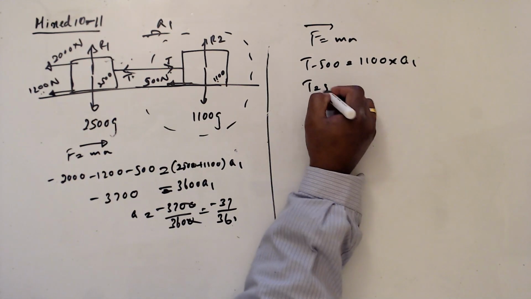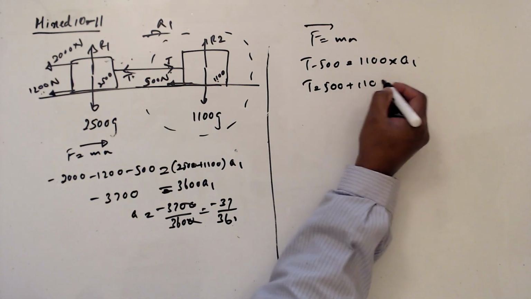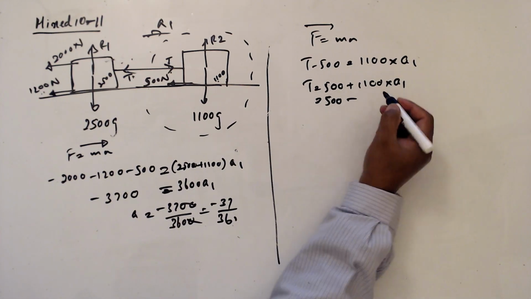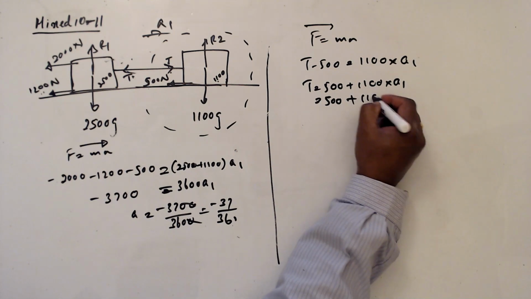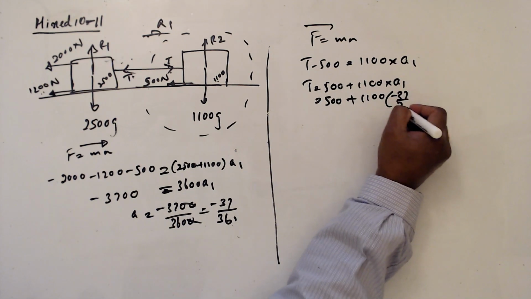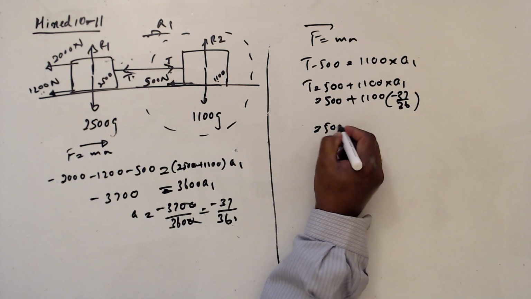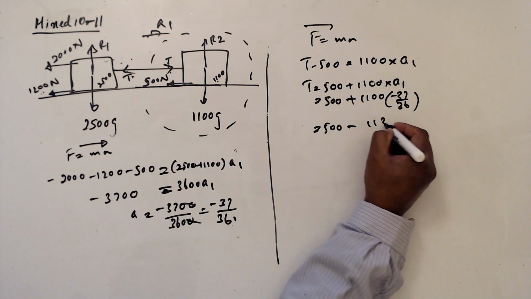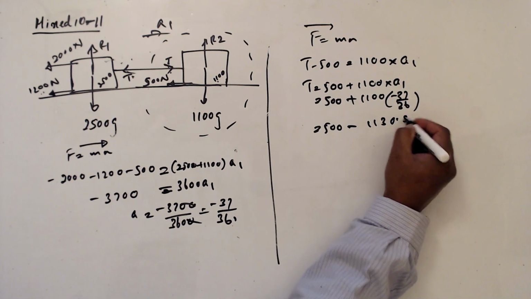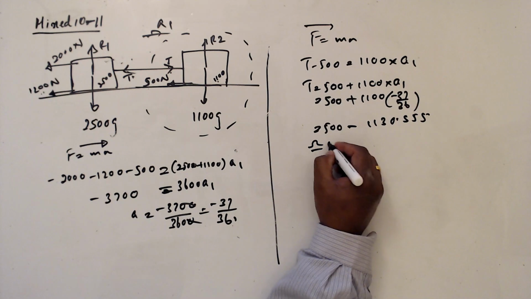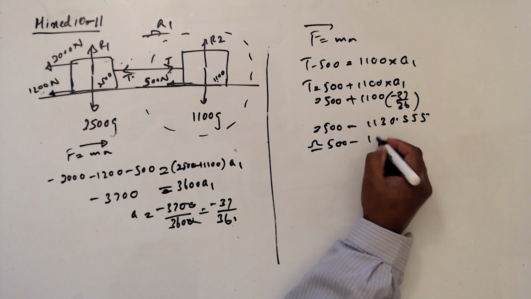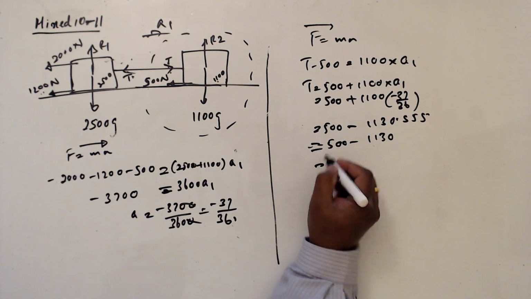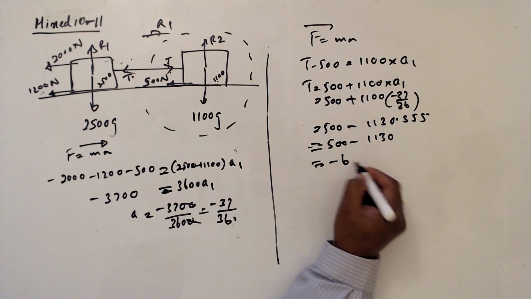Now T equals 500 plus 1100 times a1. This is 500 minus 1100 times 37 over 36, which is 1130.555. So we'll take approximately minus 1130, so this is going to be negative 630.